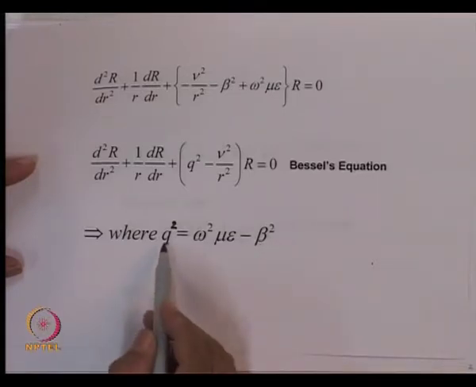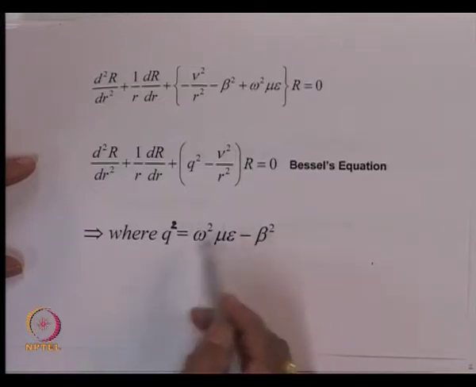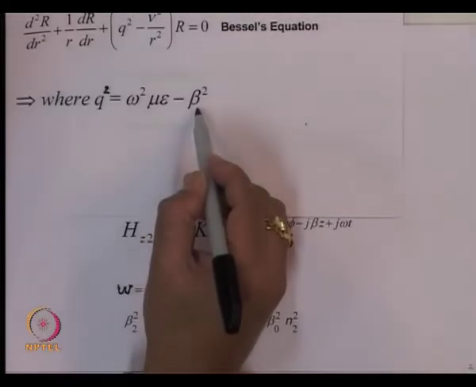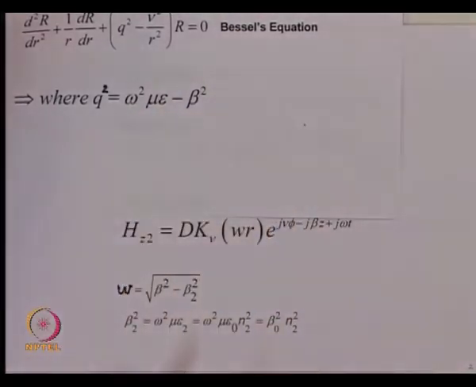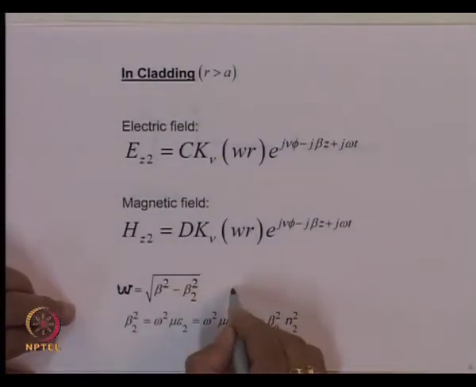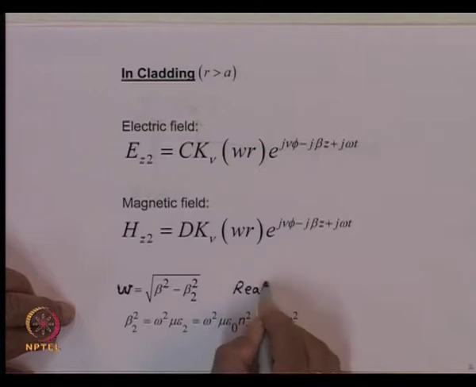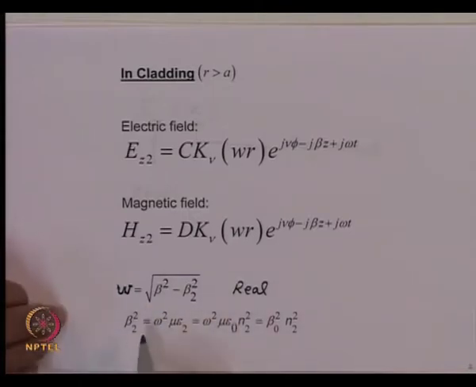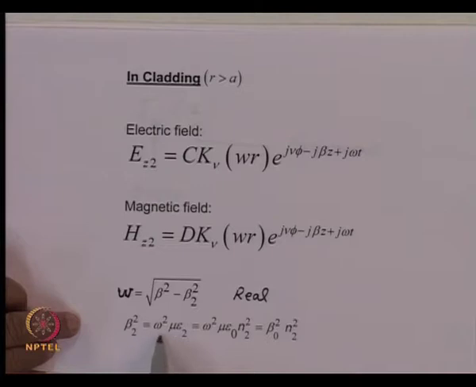Since now we are looking for modified Bessel function, we can interchange this sign and define this quantity W, which is a real quantity, which is beta square minus beta 2 square. So, in this case W is real, Q is imaginary, but W, where I have interchanged the negative sign, has become a real quantity. So, I can define this quantity beta 2 square, which is omega square mu epsilon 2, which is equal to omega square mu epsilon 0 into n2 square, which is equal to beta 0 square into n2 square.